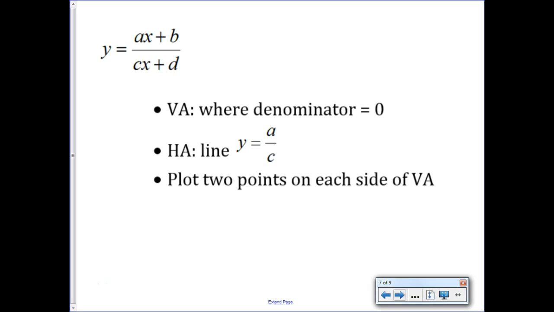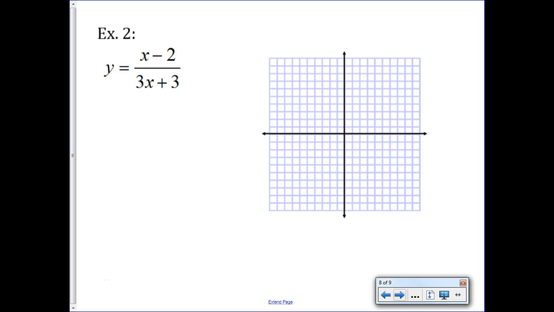The horizontal asymptote is just going to be your two slopes here, a divided by c, the two things in front of x. So the coefficient in front of x, a divided by c, is going to tell you your horizontal asymptote. You'll plot 2 points on each side of the vertical asymptote just like before.